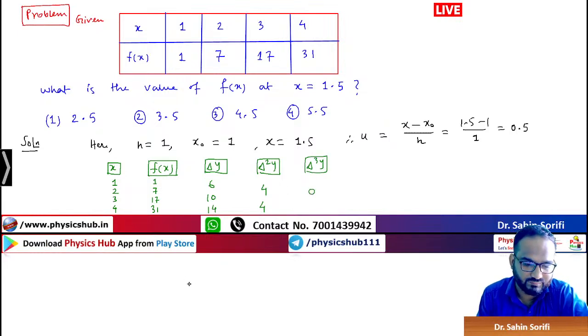Are you getting the forward difference table in this way? This is our forward difference table.